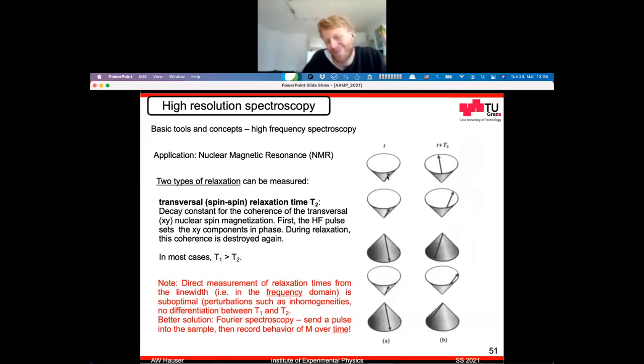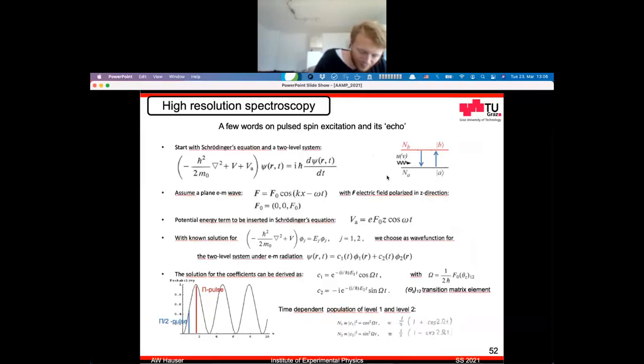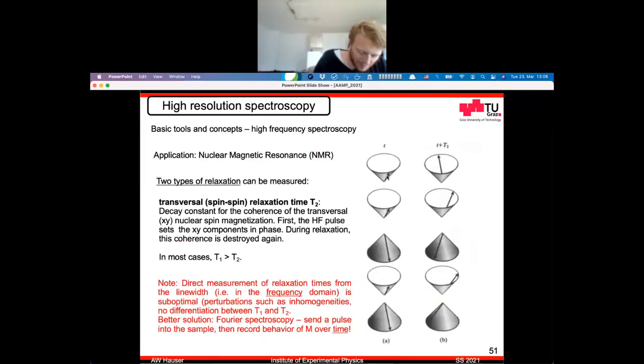This is something that I'll show you on the next slide, because the idea is that you do this with a so-called pi-half flip. You do a pulsed excitation. Let me go straight to a first explanation.